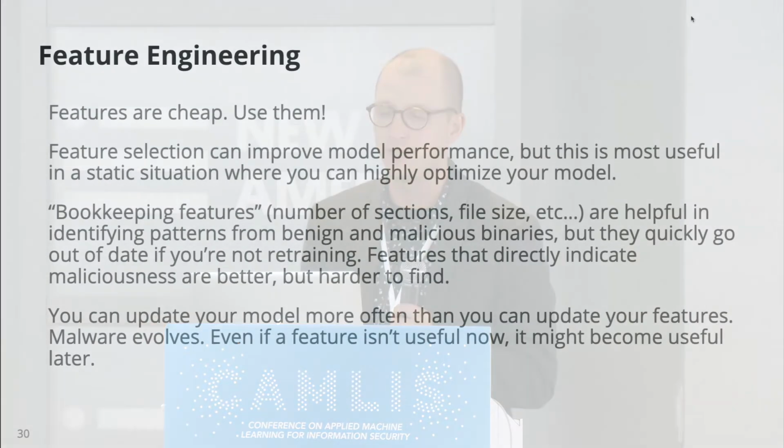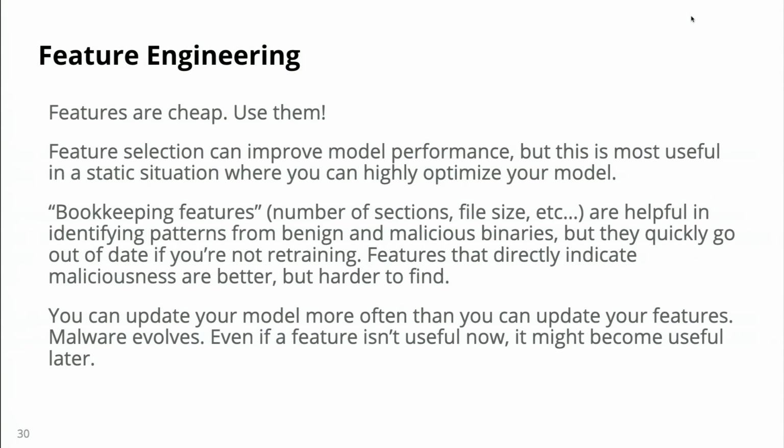But then those bookkeeping patterns can quickly go out of date. Features that directly indicate maliciousness are better, but they're much harder to find. And you can update your model more often than you can update your features. So I definitely suggest using all those features, and maybe the feature will come in handy later, even if it isn't right away.